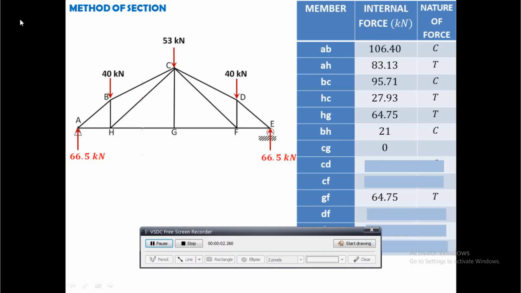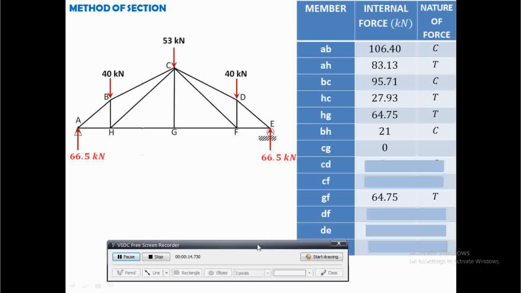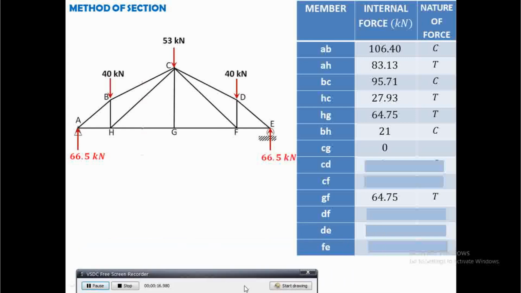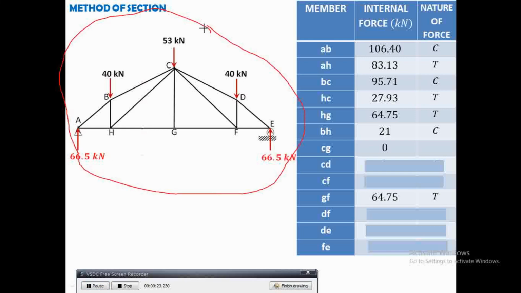We have already determined the values of the members for AB, AH, BC, HC, HG, BH, and GF, seen through with CG. Now, this truss is an example of a symmetrical truss. What do we mean by symmetrical?